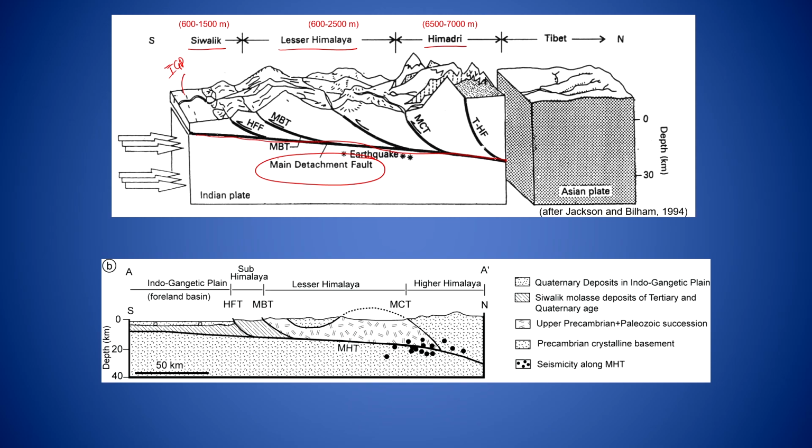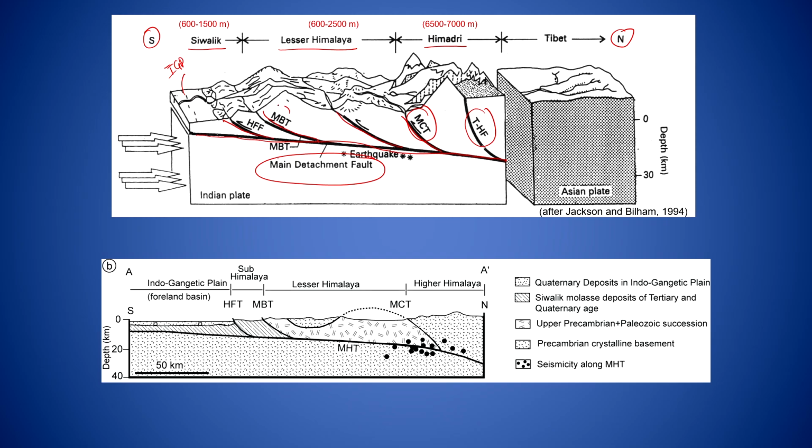Of course, this is the subduction boundary also, we can say, and then we have the imbrications of the major fault systems which are coming up. So, from north to south, okay, then what we have is what we also call the trans-Himadri fault, or Indus-Tsangpo suture zone, over here. Okay. Then we have the main central thrust, which marks the boundary between the lesser Himalayas and the higher Himalayas.